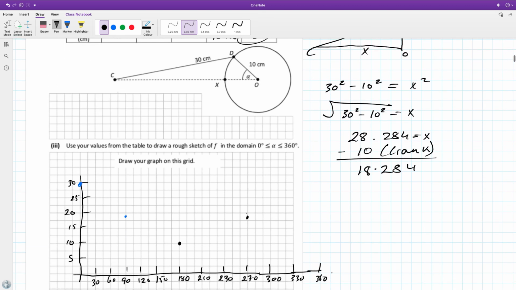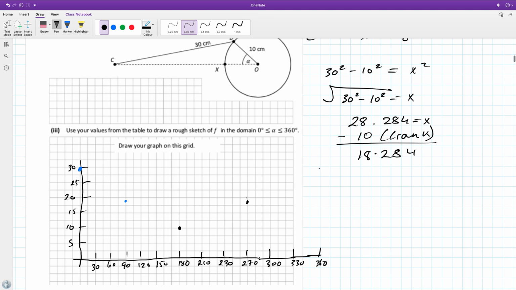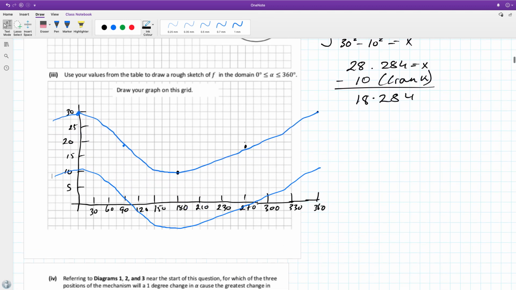And 360 is back up to 30. So we can see then. And hopefully you do a better job on your copy than that. Pick up more marks than I did.